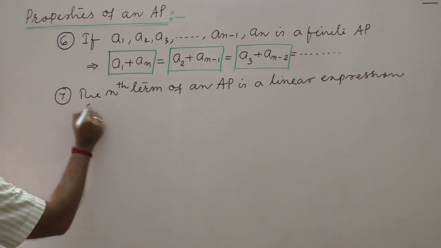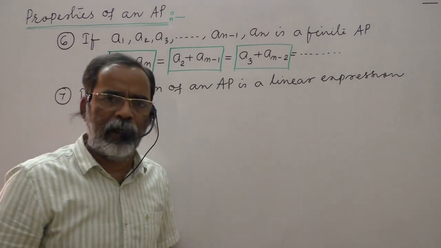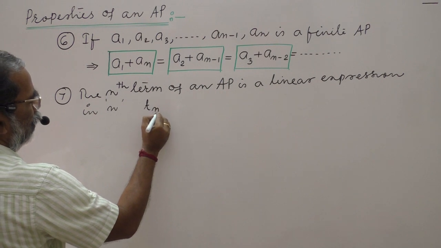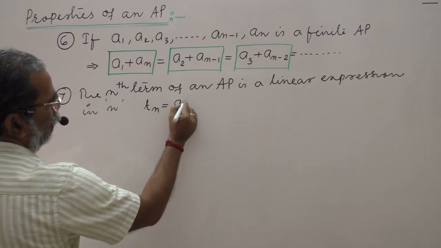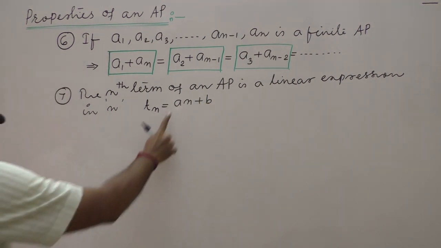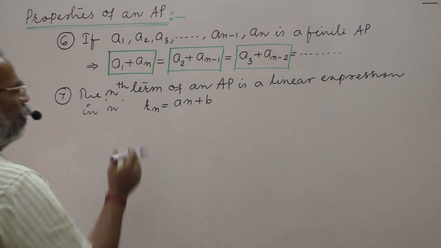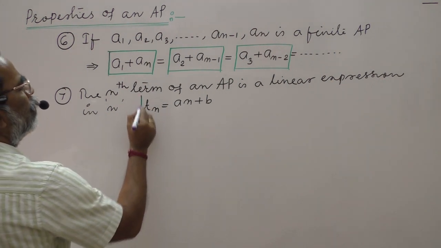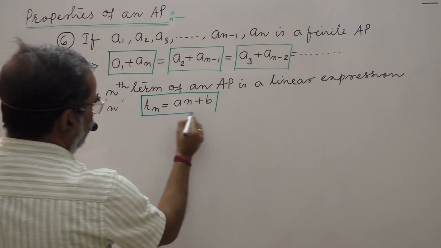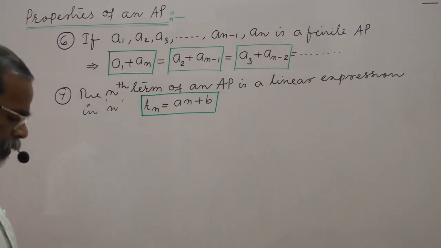That means the nth term will be like this, an plus b. It is a linear expression in n. So if you find the nth term of any AP, that nth term will be in this linear form.